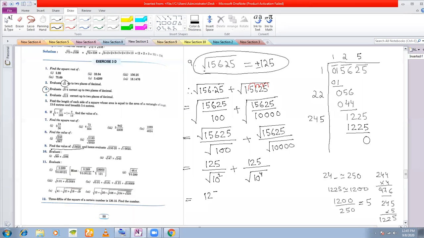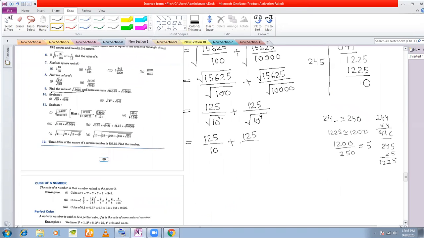So this is 125. Square root of 10 square, you have a power 2. So this simply becomes 10. The radical we can remove, plus 125 divided by 10 to the power of 4. You can write this as the square root of 10 square whole square. So now because of this 2, the radical we can remove. So we have 125 divided by 10 plus 125 divided by 10 square.